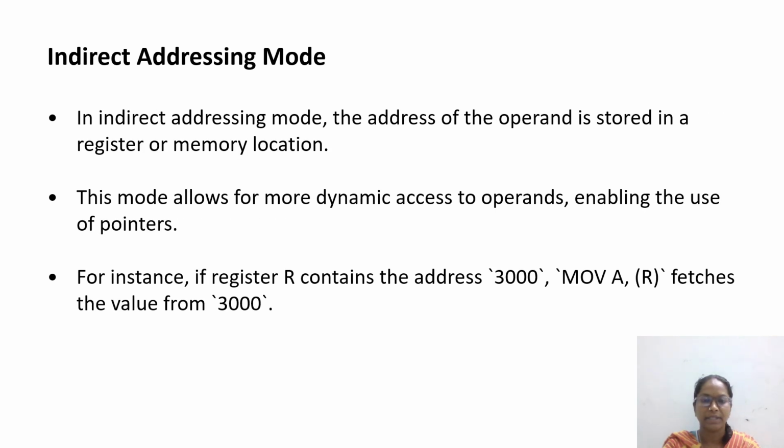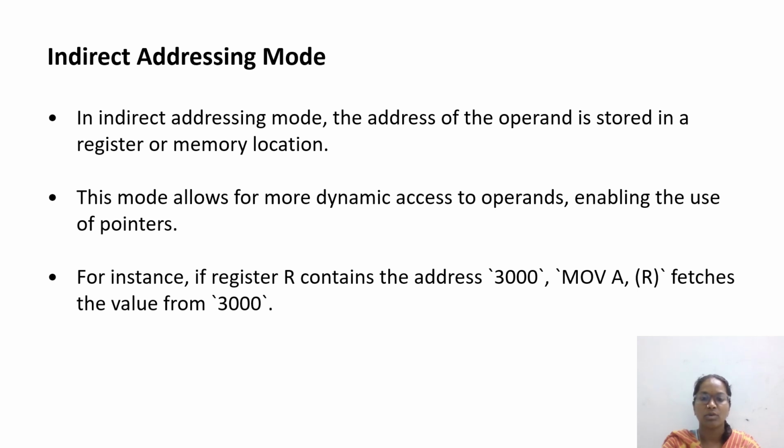Next, coming to indirect addressing mode. In indirect addressing mode, the address of the operand is stored in a register or some memory location. We are not directly addressing the memory location; we are indirectly giving the value.